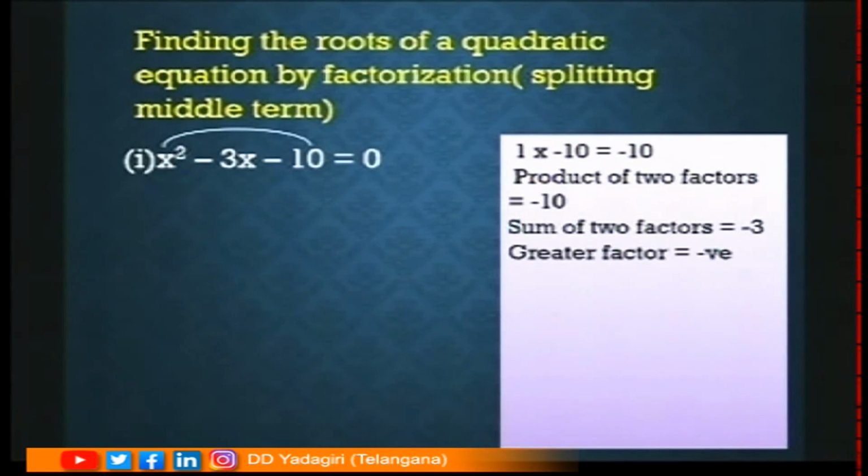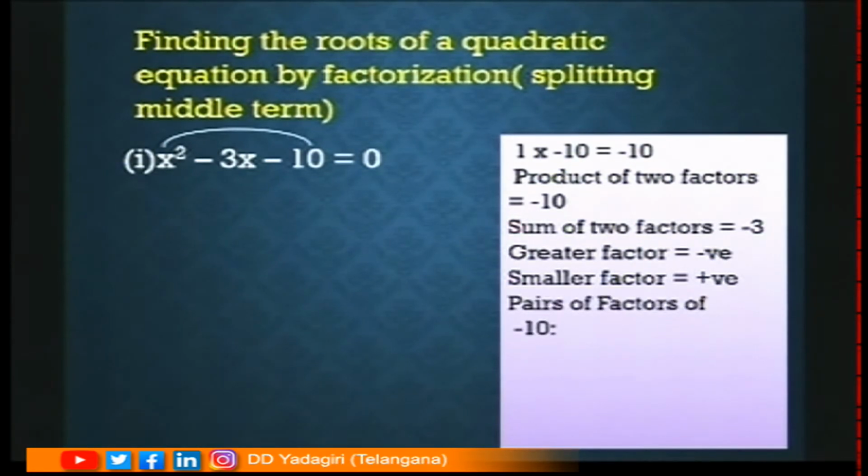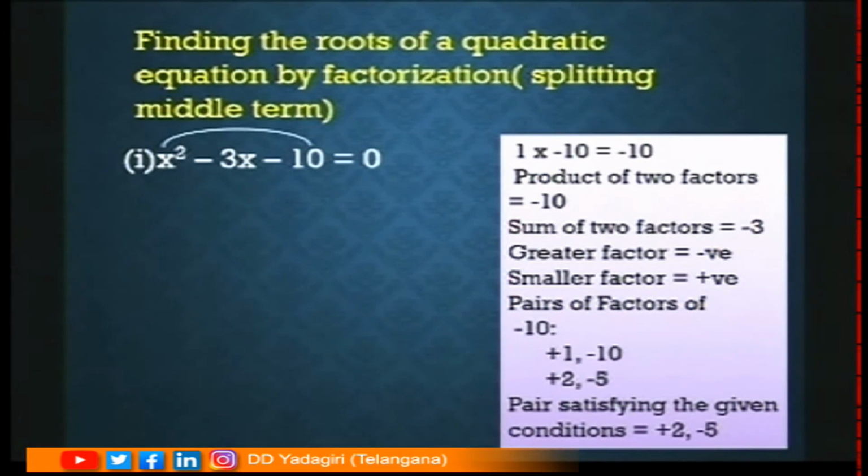So, my greater factor should be negative and smaller factor should be positive. Now, let's see what are the pairs of factors of minus 10. Plus 1 and minus 10 or plus 2 and minus 5 satisfies the given condition. So, the pair satisfying the given condition is plus 2 and minus 5.